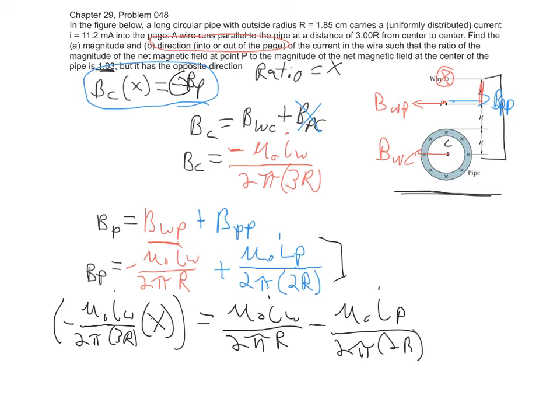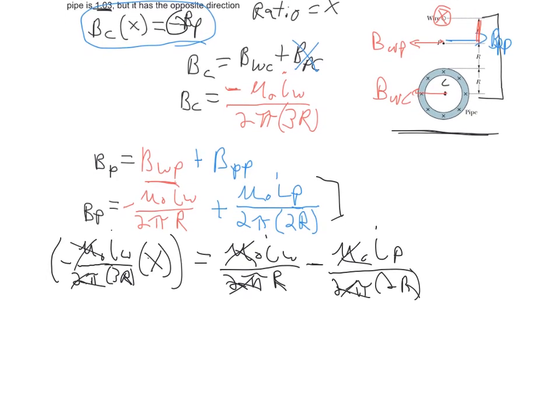Cool, so now we can see what will cancel out. Everything has a mu naught in it, so we can cancel that. Everything has a 2 pi, cancel that. Everything has an r, cancel that. Oh man, this is getting nice real quick. So I'm going to scroll down some more, and I can rewrite this in a neater fashion.